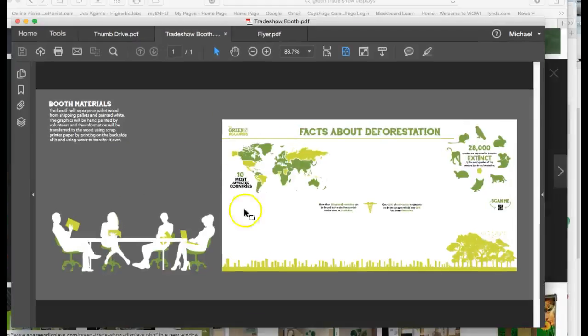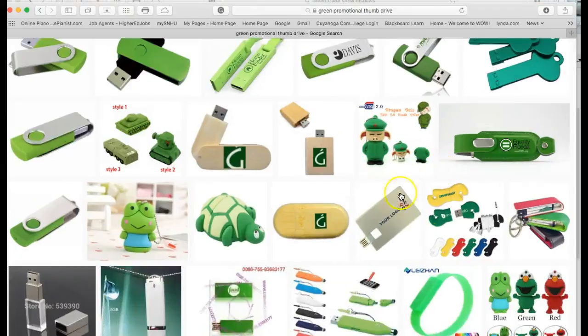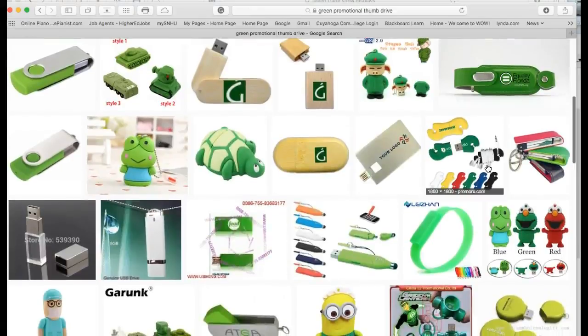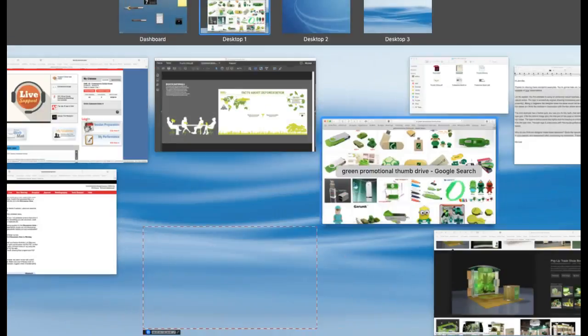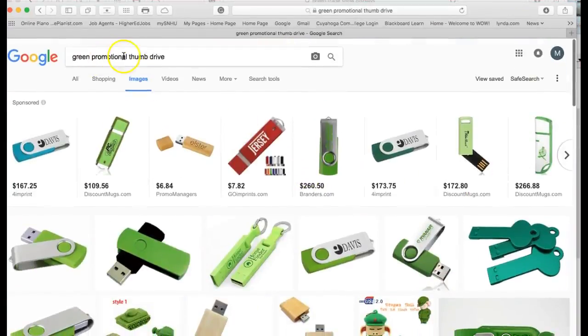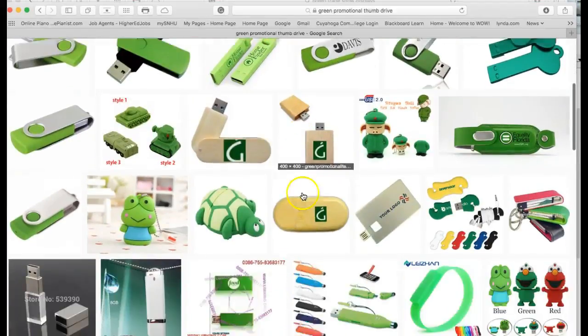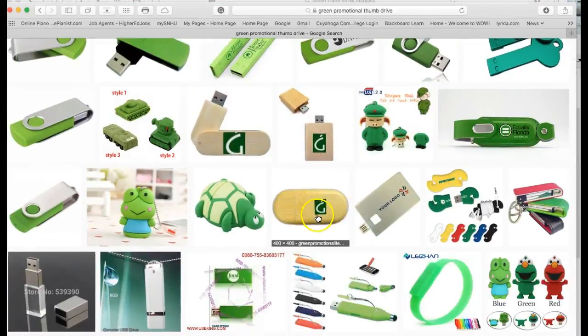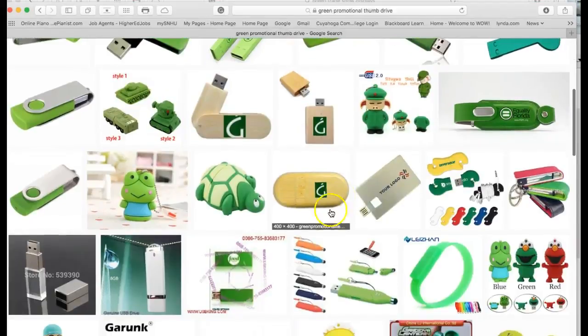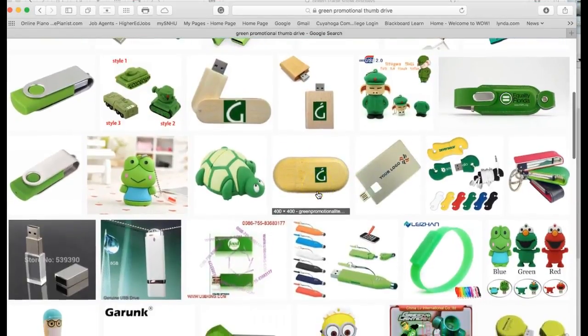Okay, let's move to your thumb drives. Remember I said you have to assemble it? Maybe you could mock something up like this. These are actually green thumb drives. I just searched promotional green thumb drives. These are actual promotional thumb drives, but I was thinking you could, if you had a little case or something, mock that up.